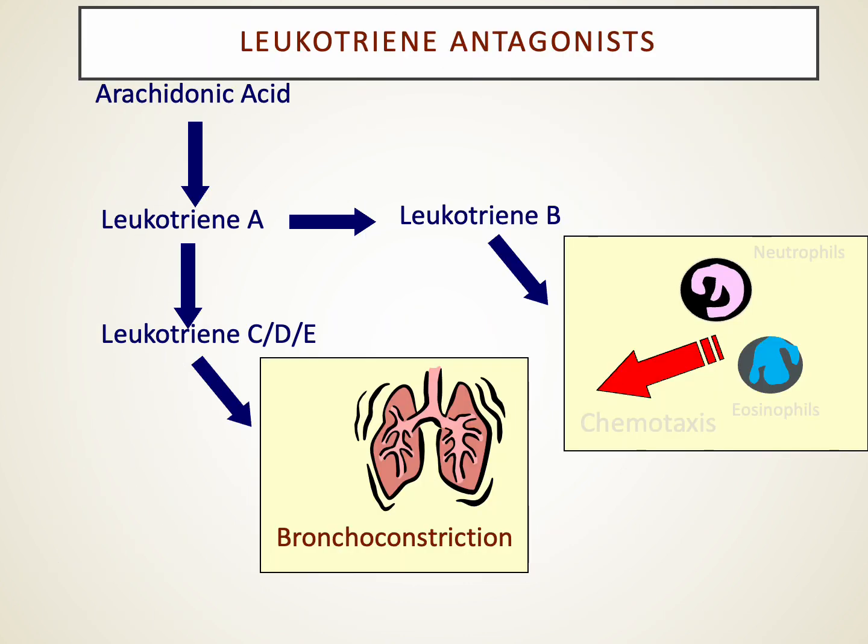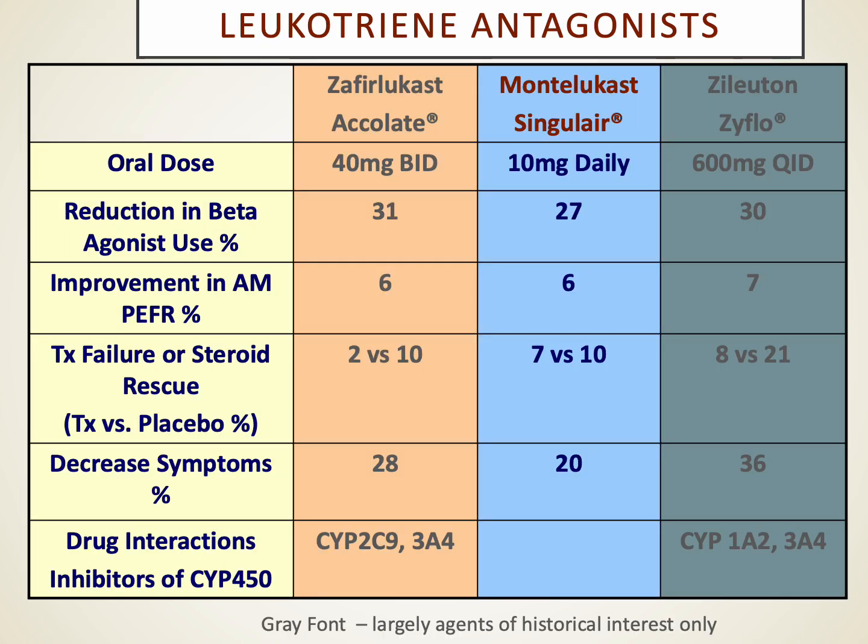More commonly in asthma management early on are the leukotriene antagonists that inhibit inflammation and the leukotrienes that trigger bronchoconstriction. The three leukotriene antagonists that are available are zileuton, montelukast, and zafirlukast, but really it's only montelukast that's widely used. Montelukast, or Singulair as a brand name, is available orally.